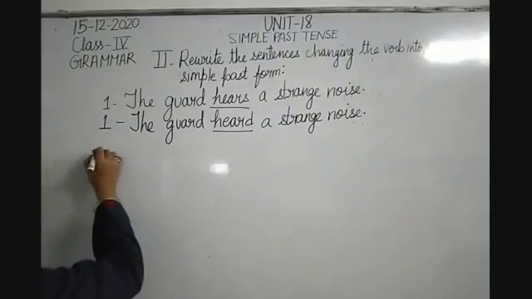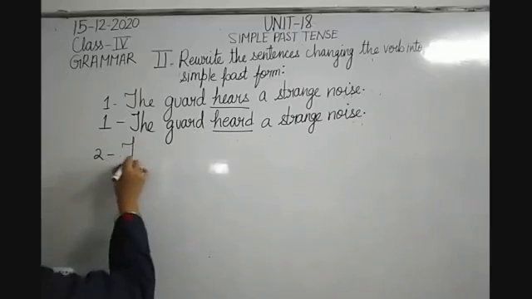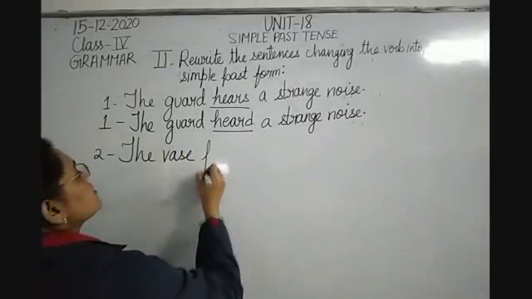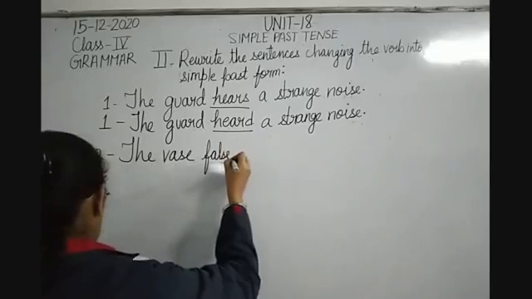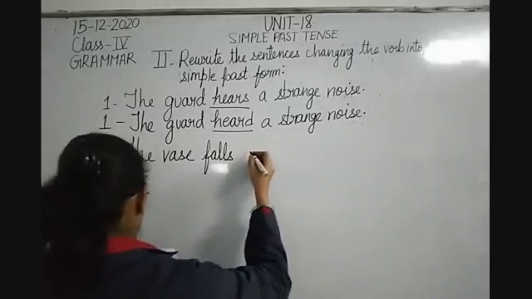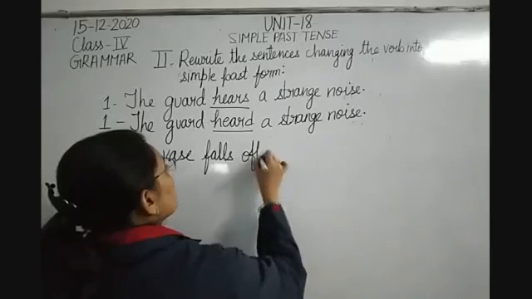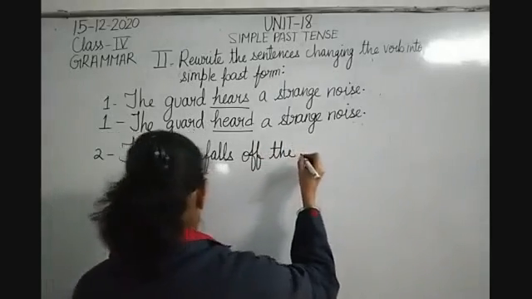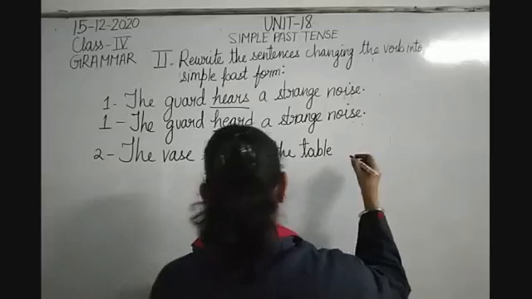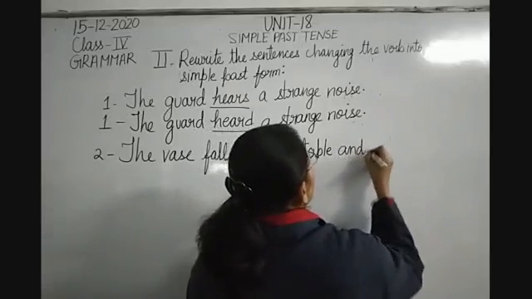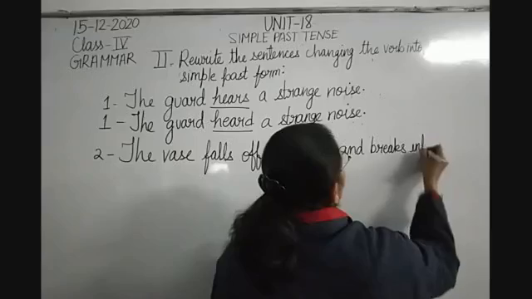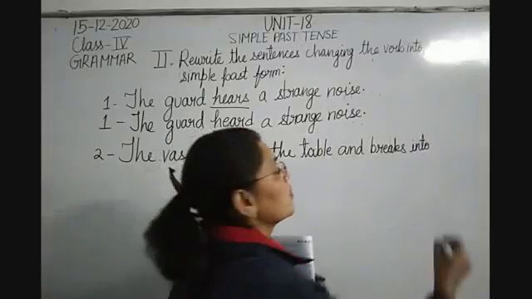Now the second sentence. The vase falls off the table and breaks into pieces.